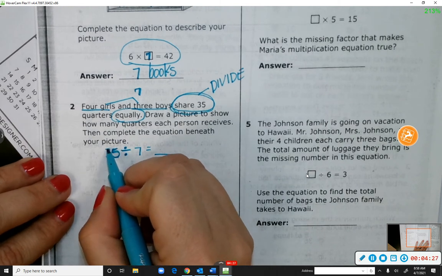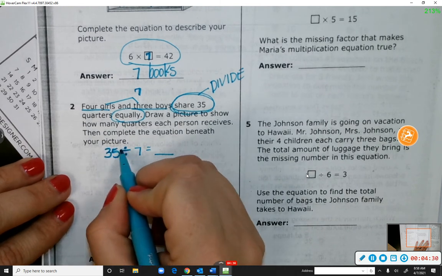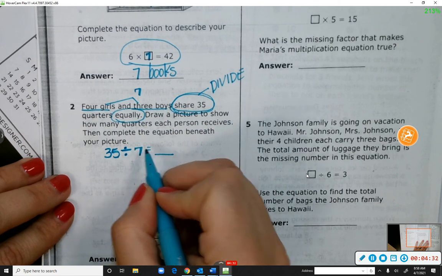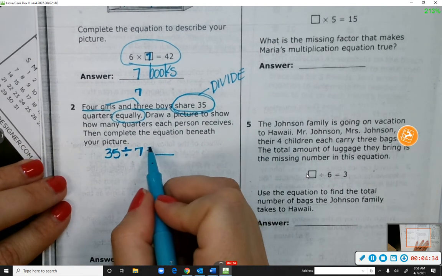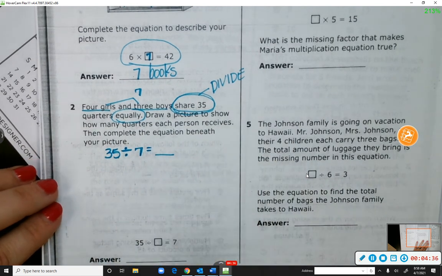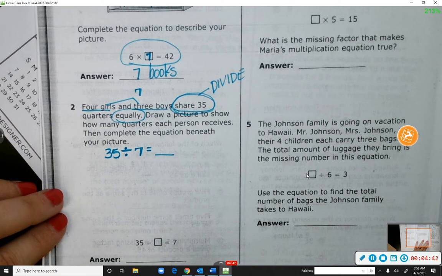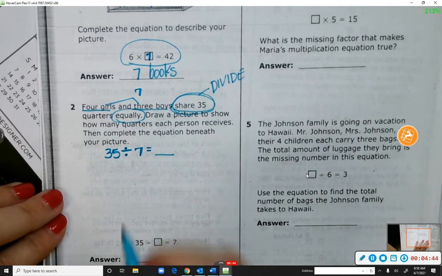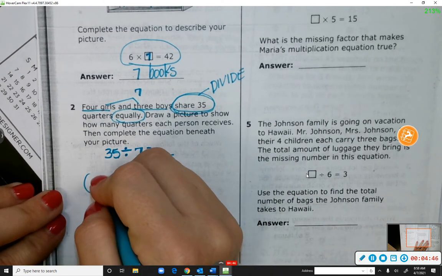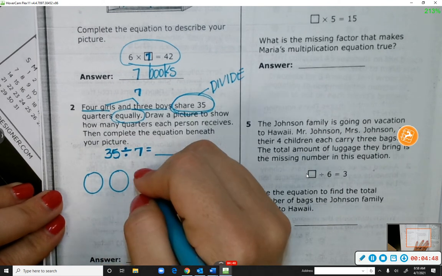What do you think, Aaliyah? What could I do? We could do an array. What else? Kaylee? Draw circles like they're the people. How many circles? 7 circles.